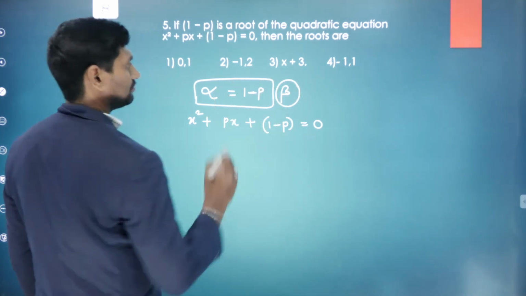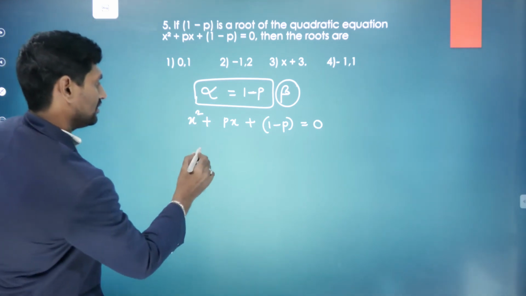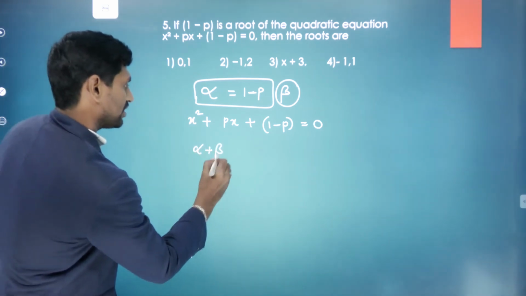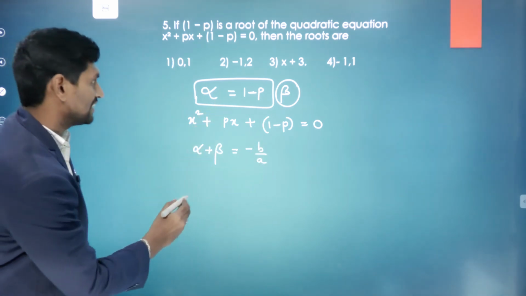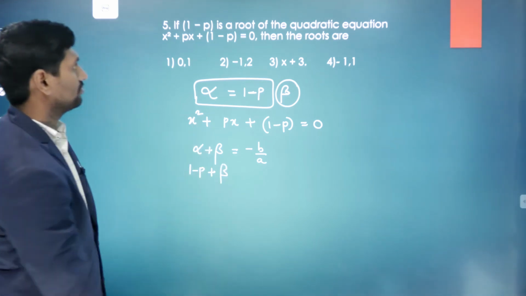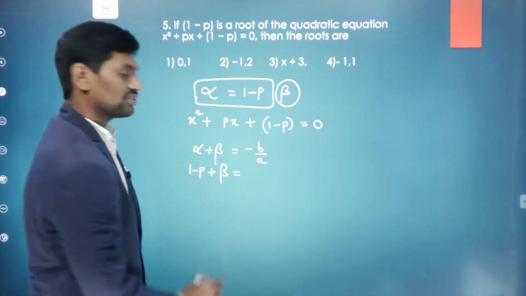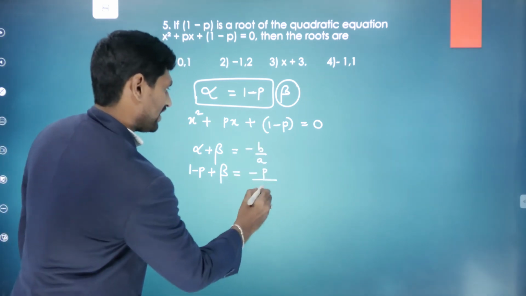Another root is beta. Sum of roots: alpha plus beta equals minus b by a. Alpha is nothing but 1 minus p. Beta we don't know. That equals minus b, where b value is p and a value is 1.